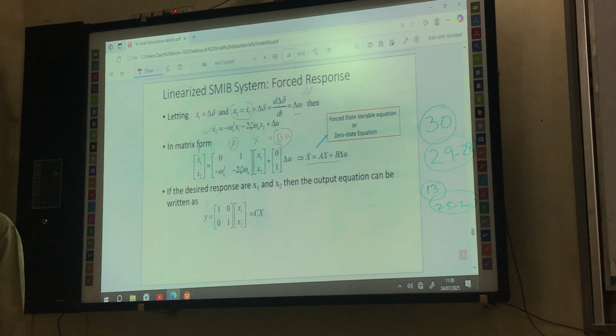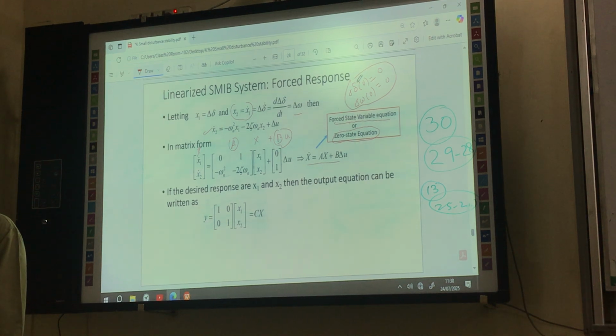And this is called the forced state variable equation. Another name is zero state equation. Why zero state? In this case we will consider that delta of 0 and del omega of 0 are actually 0, because we do not need any initial condition.